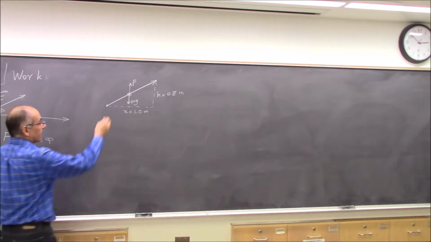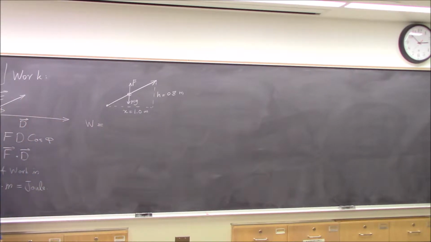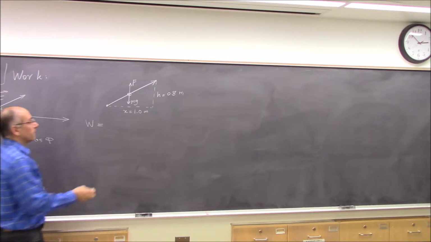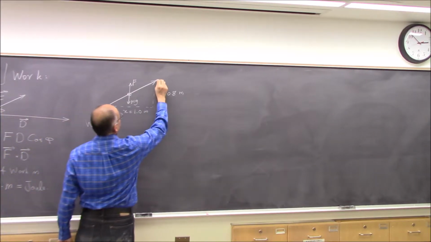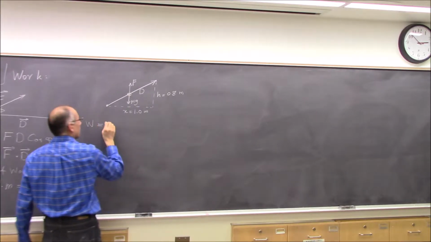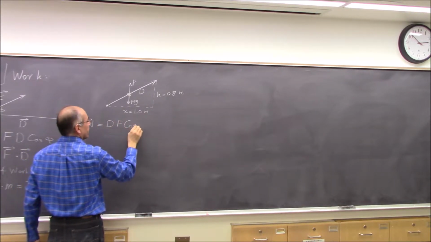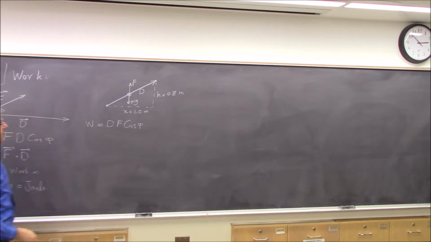So if I want to calculate my work, how much is it? The displacement is this way, right? Let's call it D. D times the force F times cosine of the angle phi. What angle is phi?